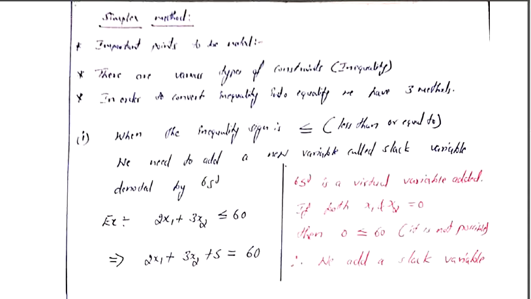Hello everyone. Today in this video we shall discuss the simplex method, and before starting the simplex method problems we shall discuss the important points to be noted while solving them. There are various types of constraints. As we have discussed in linear programming problems, constraints are greater than or equal to, and less than or equal to.